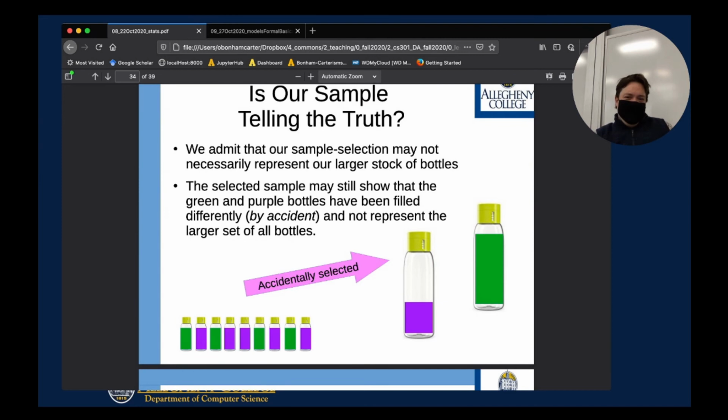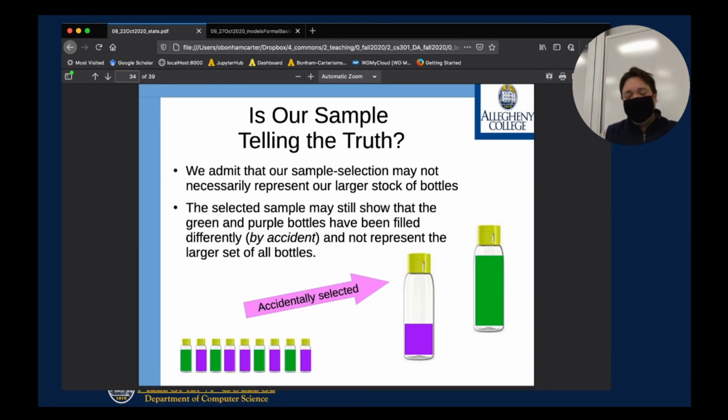So one thing we do have to talk about, though, is that we are selecting 9 bottles. We went into the back room and we just selected 9 bottles. But remember that we are people and we have inherent biases. Maybe, for instance, we only took the bottles that were in the front, and there are bottles in the back of the room that we couldn't get to, that were in enclosed boxes or something, so we couldn't get those.